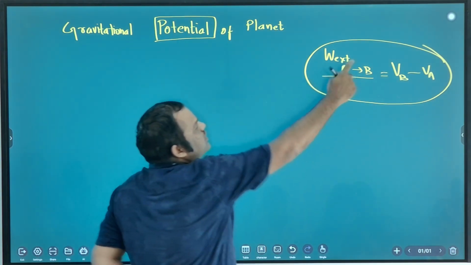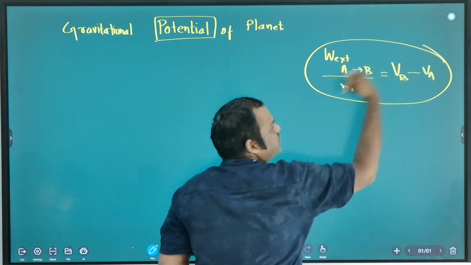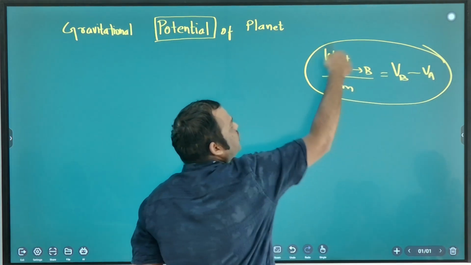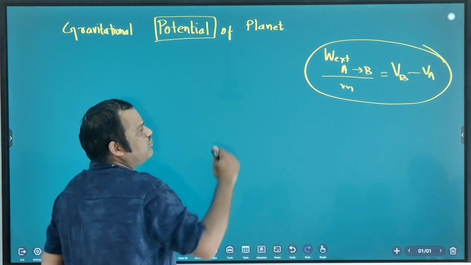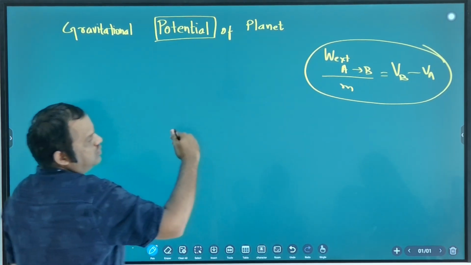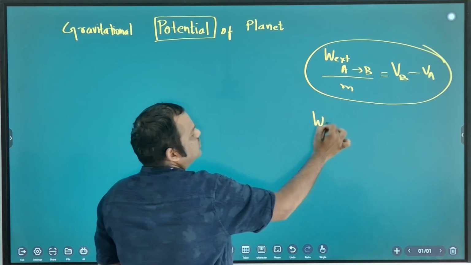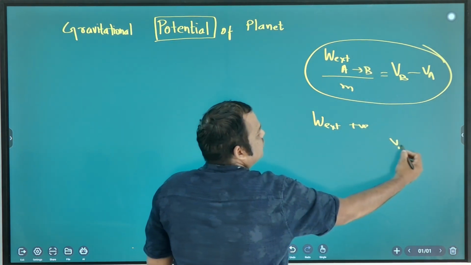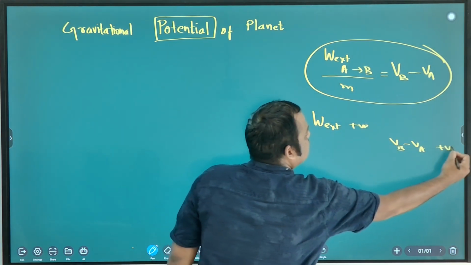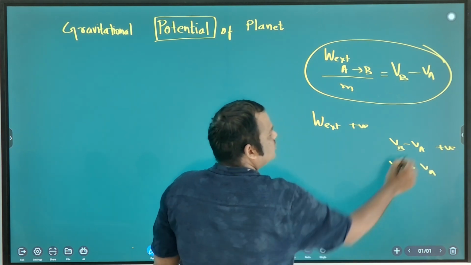If you need some external work going from A to B, holding mass M, that means you are going from low potential to high potential. If external work done is positive, VB minus VA is positive, so VB is greater than VA.